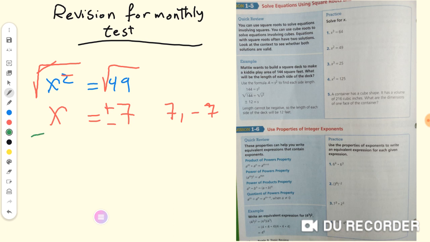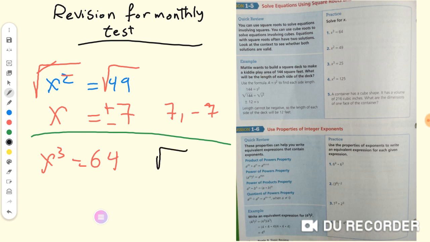But if we have x to the power 3 equal 64, I can directly take the cubic root of both sides. Okay, so the cubic root of x equals x, and the cubic root of 64 equals, actually 64 is a perfect cube number, so it's 4.